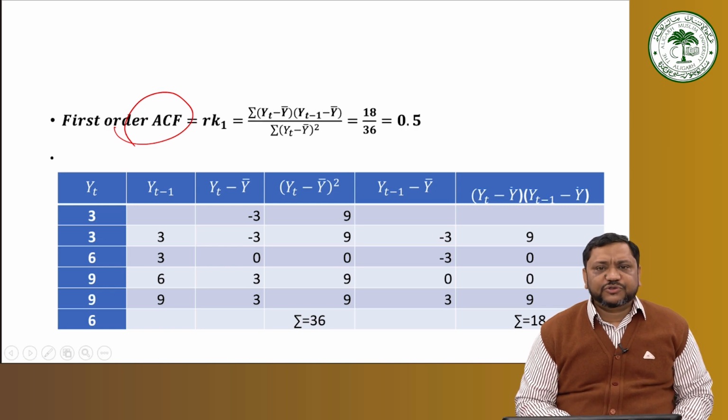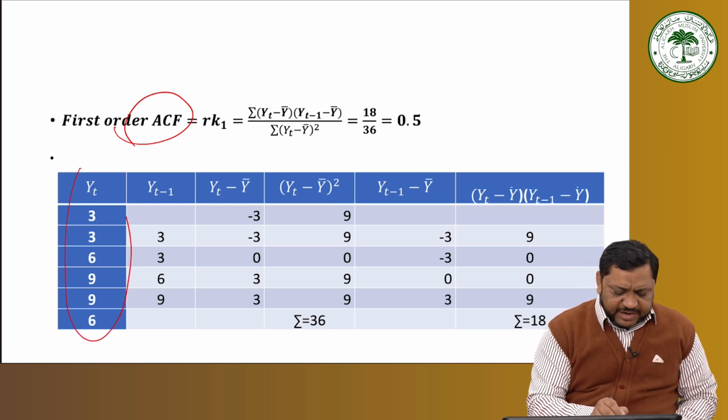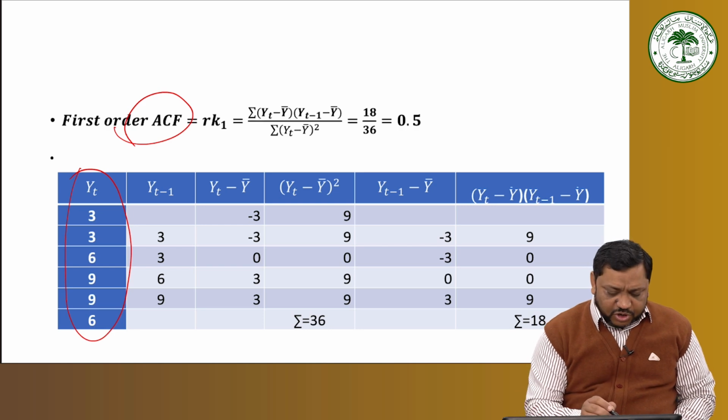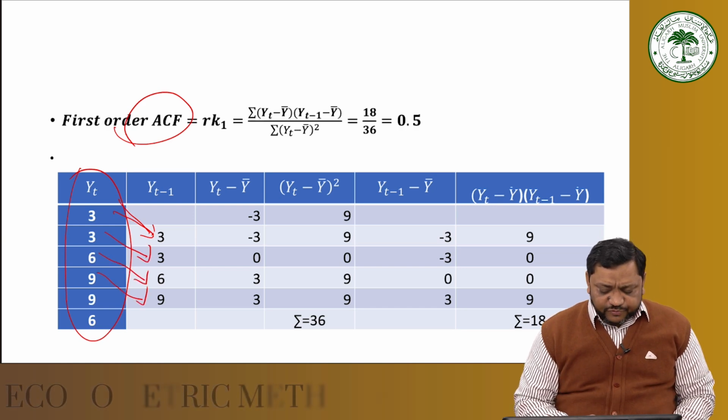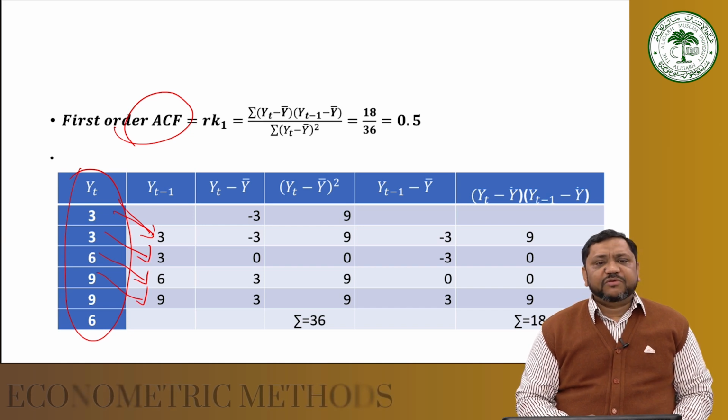We are doing the calculation of the first order autocorrelation function. So we have our actual data. For the first order, we just take a one period lag. So this 3 comes over here, this 3 comes over here, this 6 comes over here, this 9 comes over here.